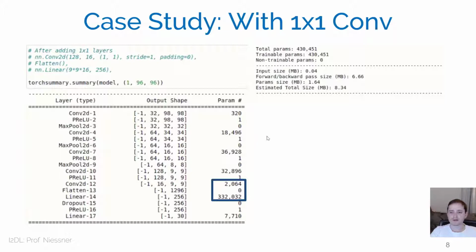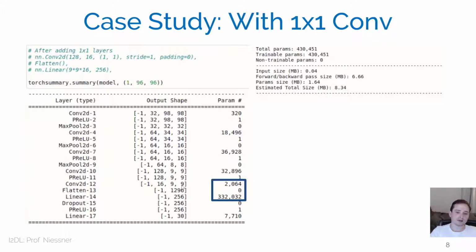So if we do that here, we see that we go from 128 channels and 9 by 9, down to 16 channels and 9 by 9 after this 1 by 1 convolution. And we have many fewer parameters here.